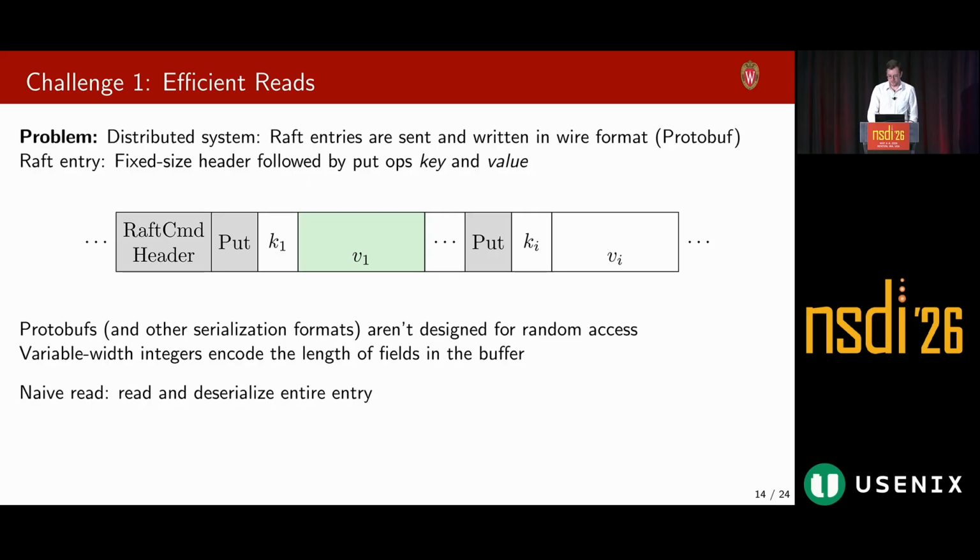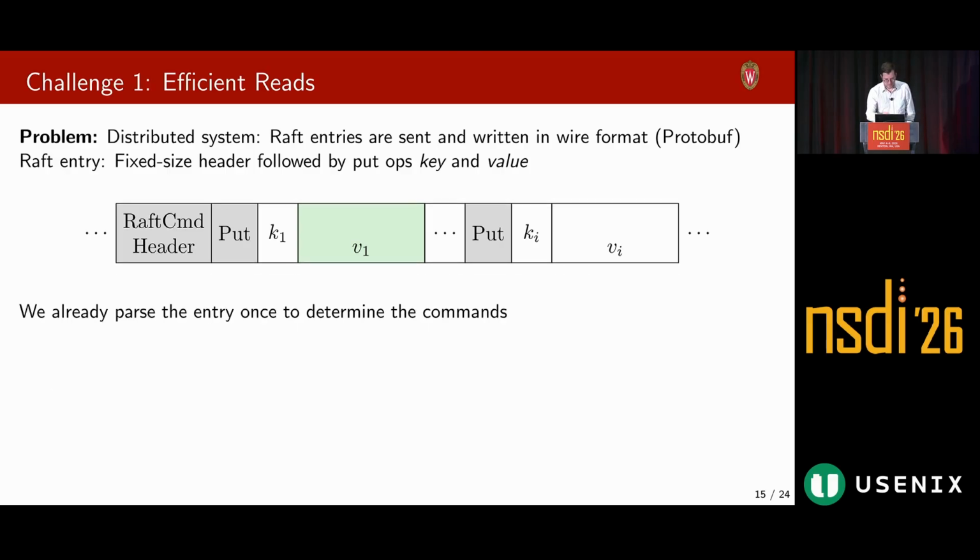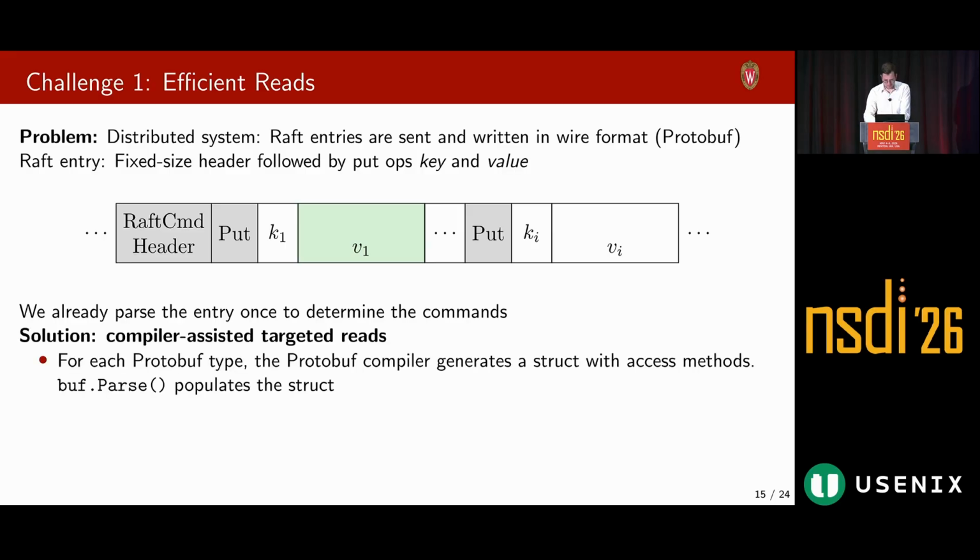The naive thing to do, if you wanted to read a particular field from this protobuf, is just to read the entire thing, deserialize the whole thing, and then return your value. But we can do a lot better than that. We already have to parse this entry once because we needed to apply the commands in the entry. So we're going to do a little bit more work when we parse that entry, and generate some extra code using the protobuf compiler.